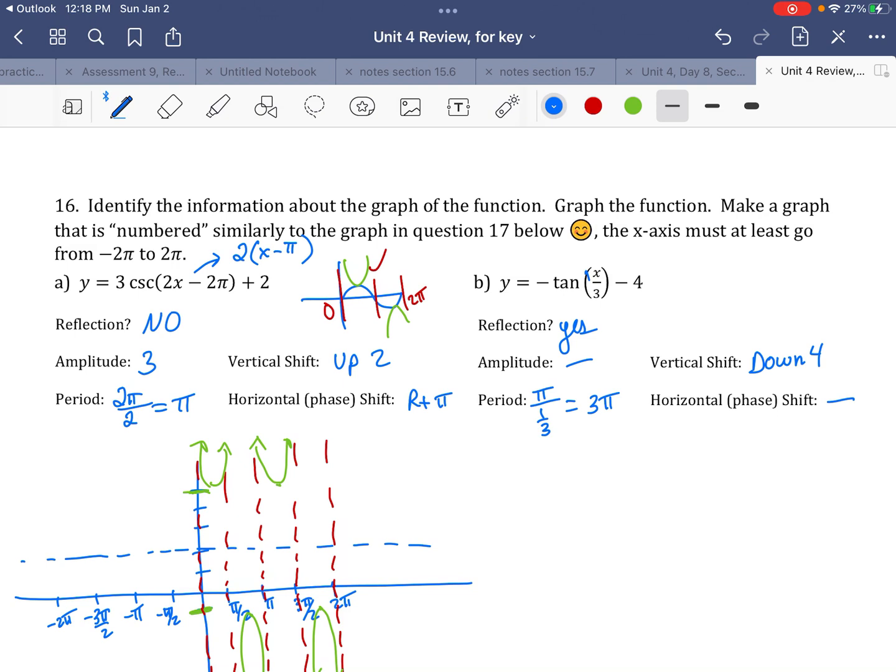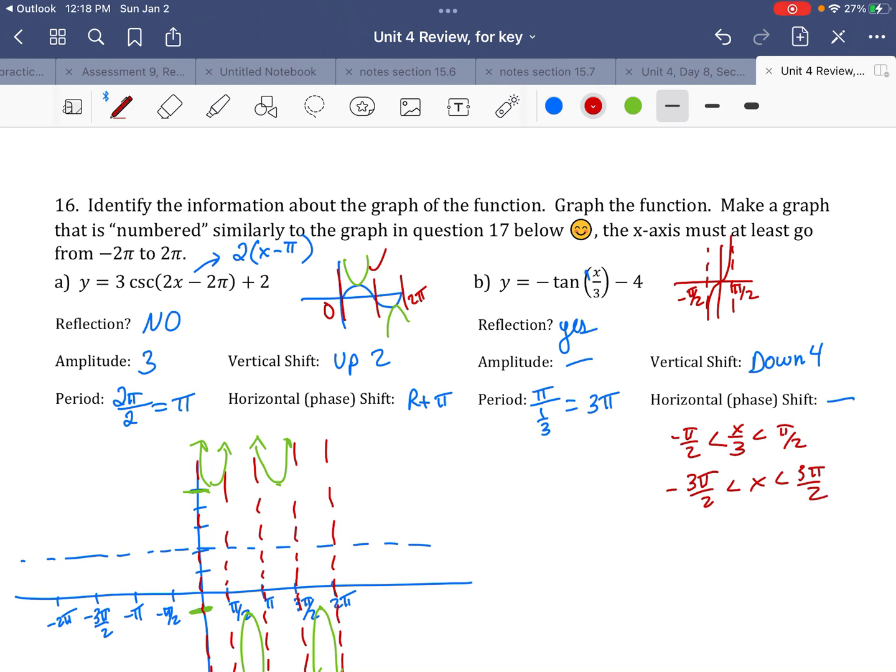All right, so let's figure out where my asymptotes are. Remember, tangent normally is right between negative pi over 2 and positive pi over 2, and it's going up like this. So I'm going to take x over 3 and put it between negative pi over 2 and positive pi over 2. Multiply everything by 3, and I get negative 3 pi over 2 and 3 pi over 2.